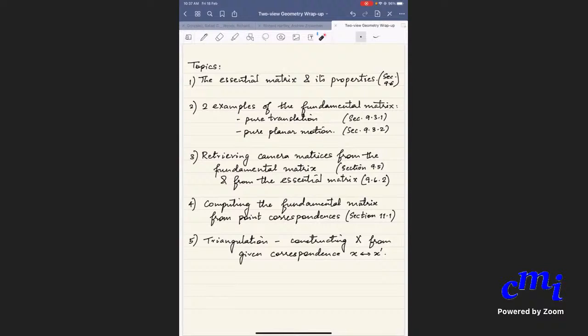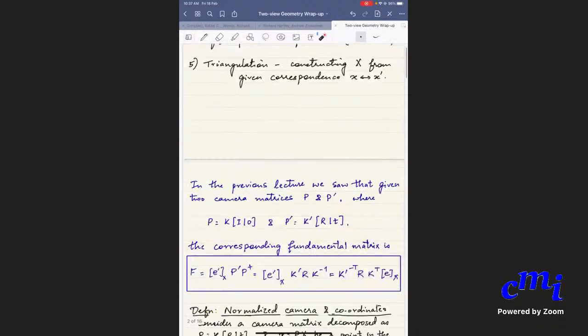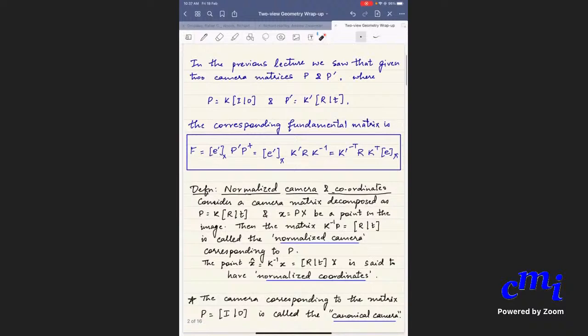All right, so coming back to the topics at hand, I hope everybody has understood the fundamental matrix from last time. Now what we want to do is move ahead and talk about the essential matrix. Just to recap, what we have seen is that if we have two camera matrices, P and P prime, and suppose these are calibrated, which means they have been decomposed as the intrinsic parameters times the extrinsic parameters, so both are calibrated.